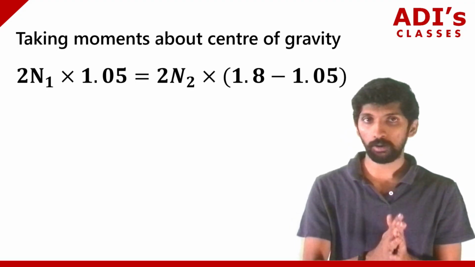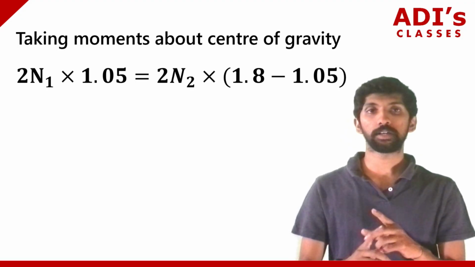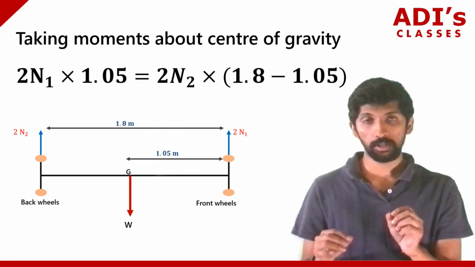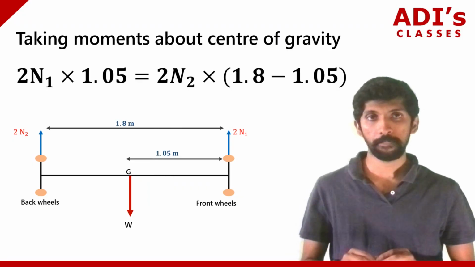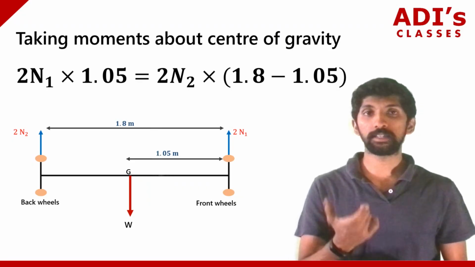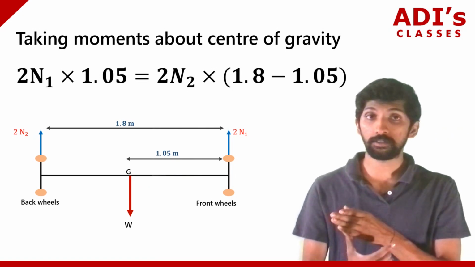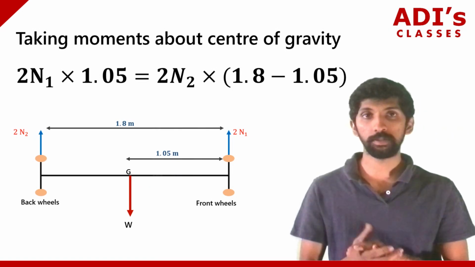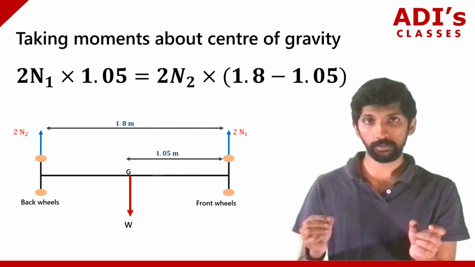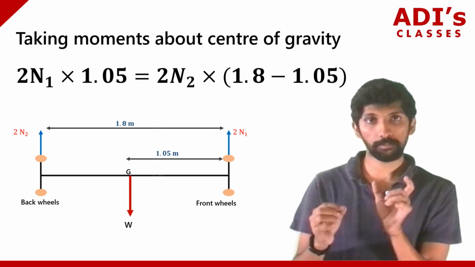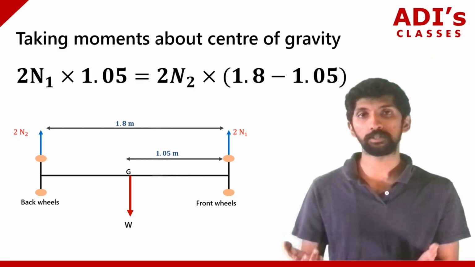Let me explain how this comes. 2N1 is the normal force on the front wheel, correct? What is the distance of those two wheels from the center of gravity? 1.05 meter. So we have 2N1 force into the perpendicular distance, which is 1.05.